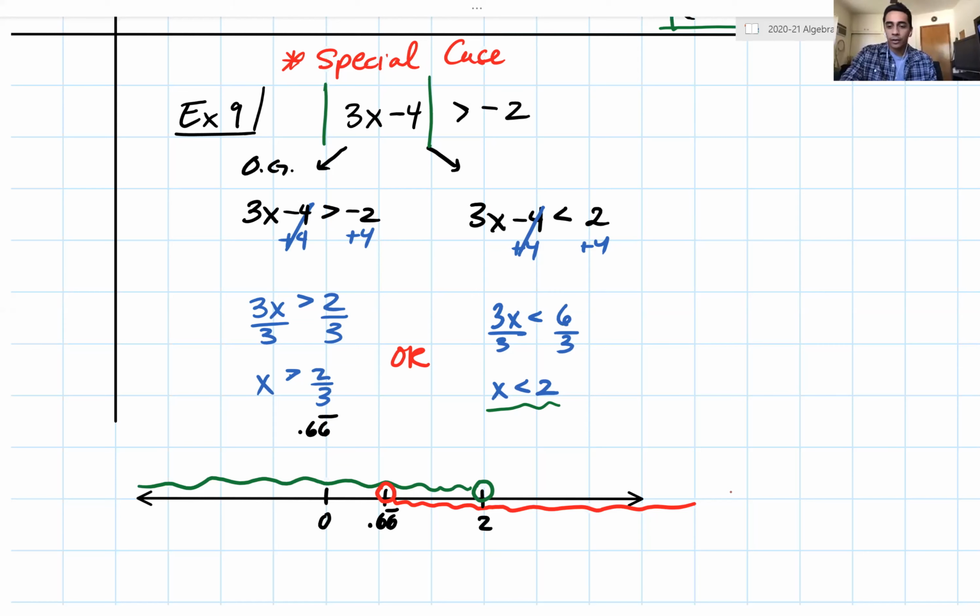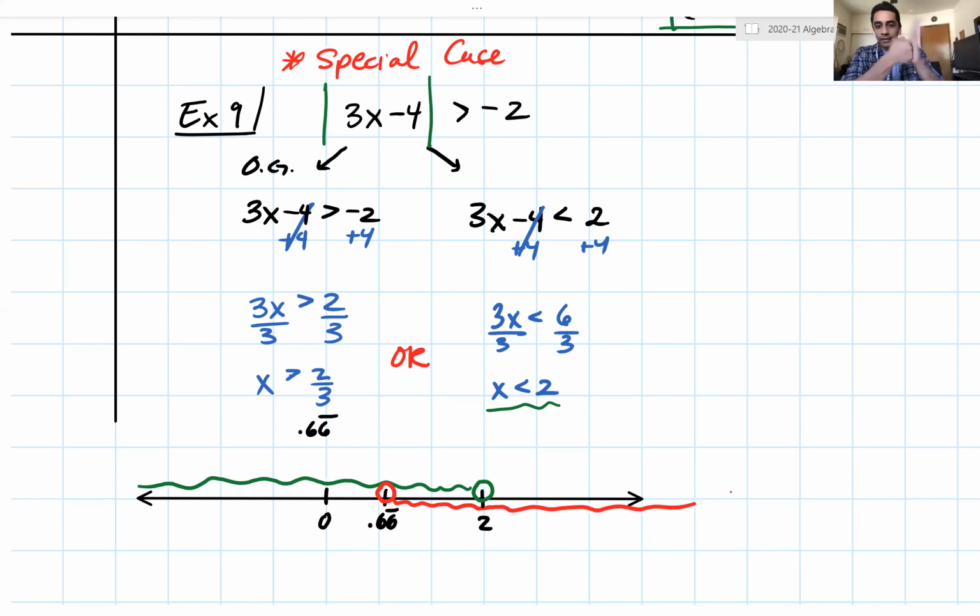Okay, so what do you notice? How much of this graph is shaded? Yeah, all of it, right? The whole thing is shaded because we went from 2 to the left of 2, so that took care of even the 0.66, because that little part is shaded by the green.